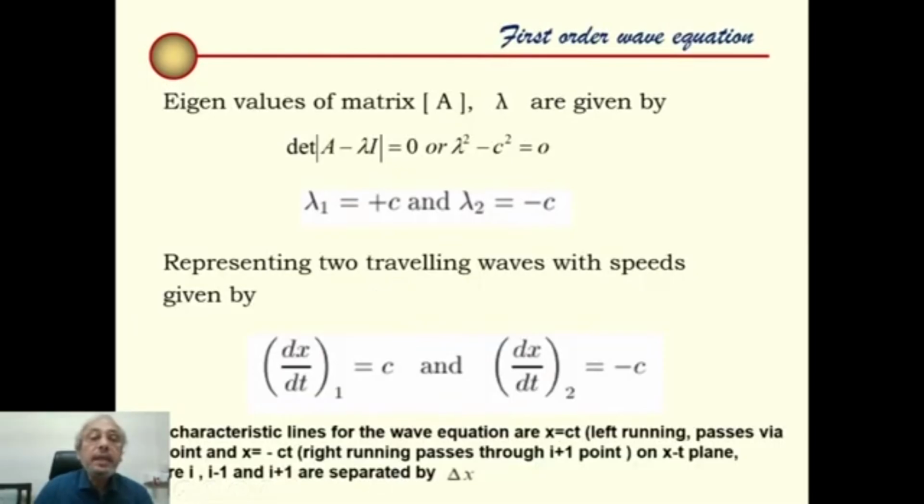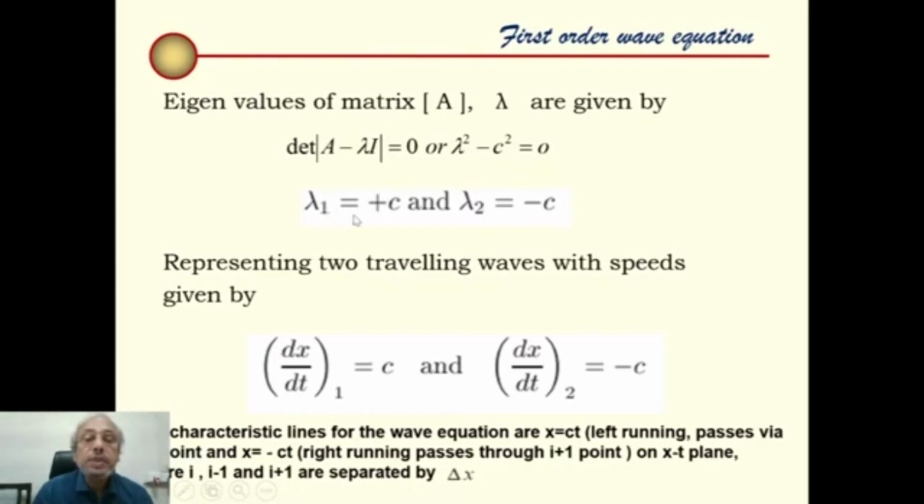And then we can find the eigenvalues lambda from the matrix, in simple ways, by finding the determinant of A minus lambda I equal to 0. This I, of course, is the unit matrix, not the unit complex number. One has to be a little careful. And so lambda square minus c square equal to 0.